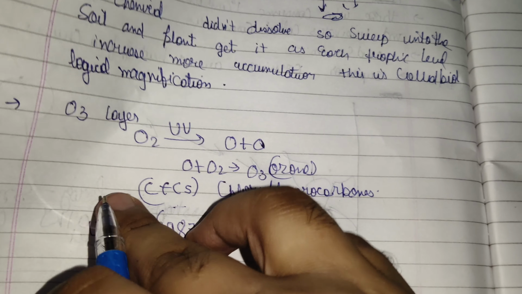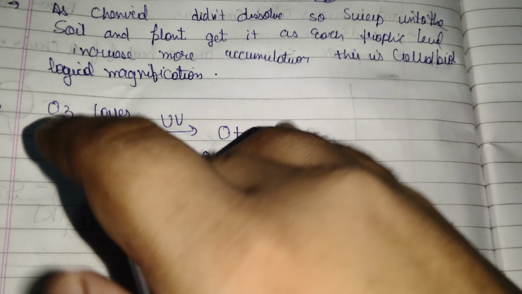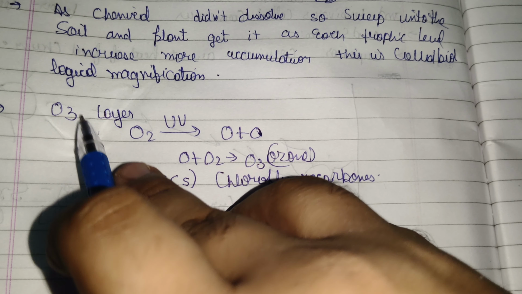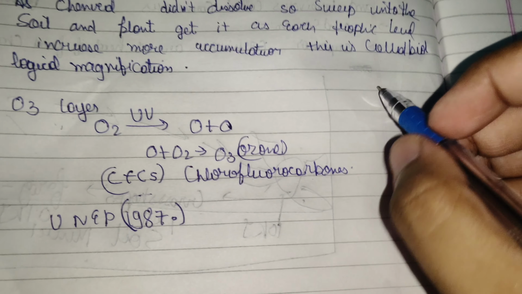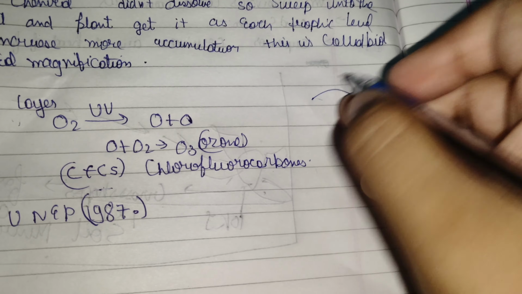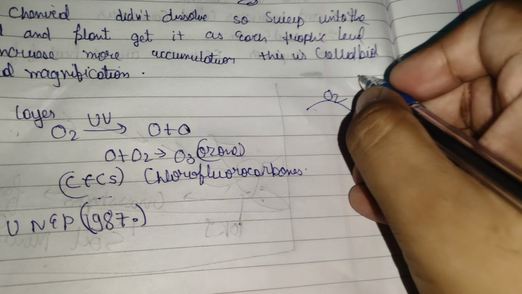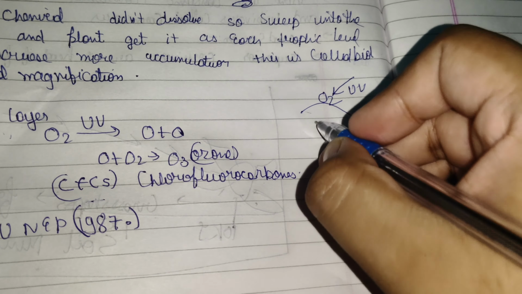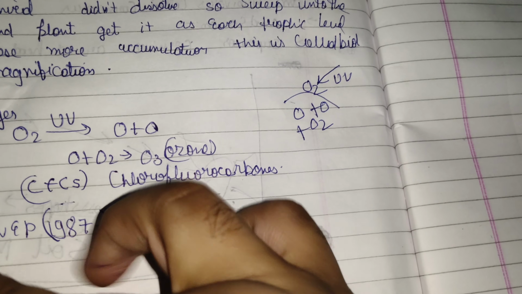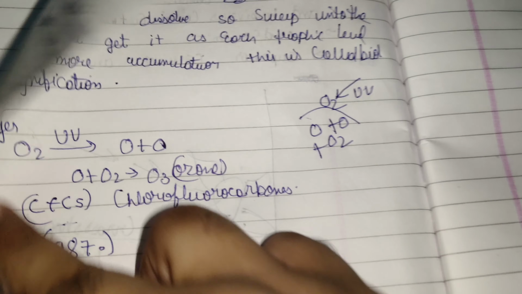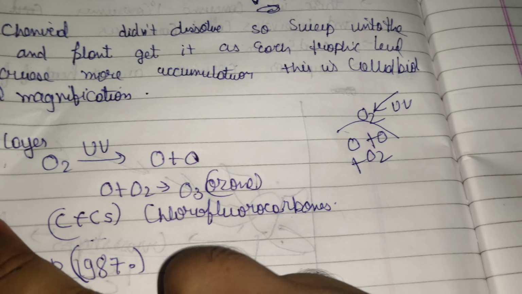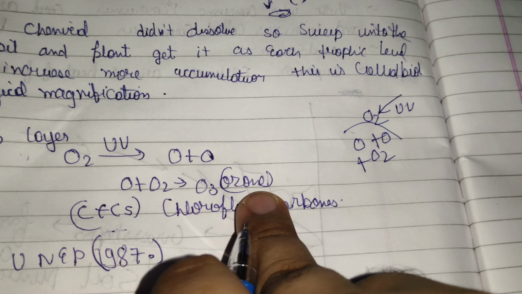And the last topic that we have in this chapter is ozone depletion. Basically, O3 is ozone, and in the upper layer of the atmosphere there are O2 molecules. When UV rays strike them, they break down into O and O, and when that single oxygen atom interacts with an oxygen molecule, it forms O3, that is ozone.